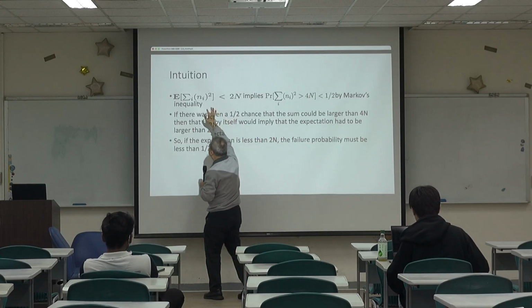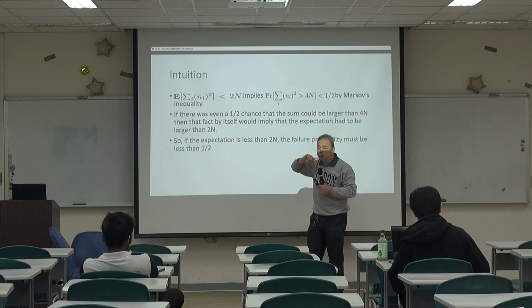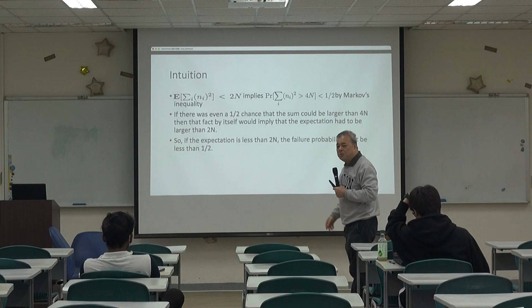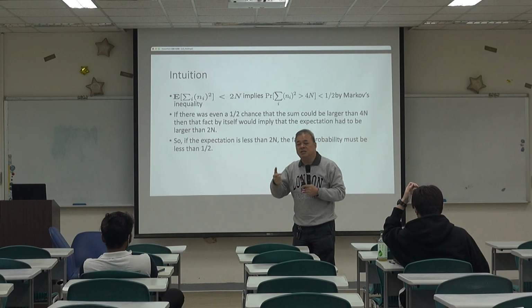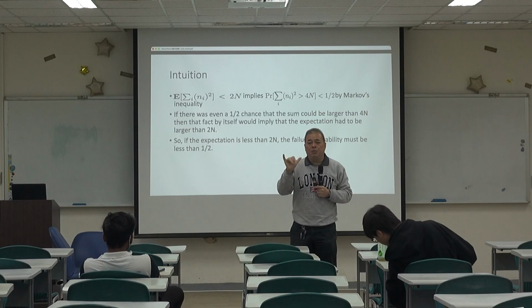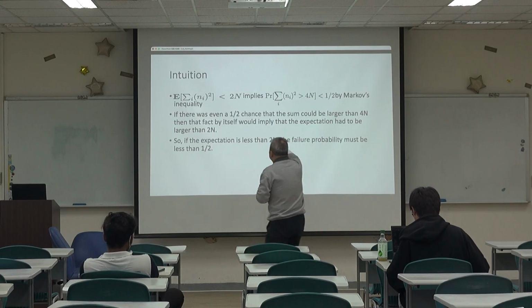So we have this. I mean, even if you do not know Markov inequality, from the intuition, from the discussion, I hope you can understand what we are talking about here. Of course, we haven't proved this part yet.